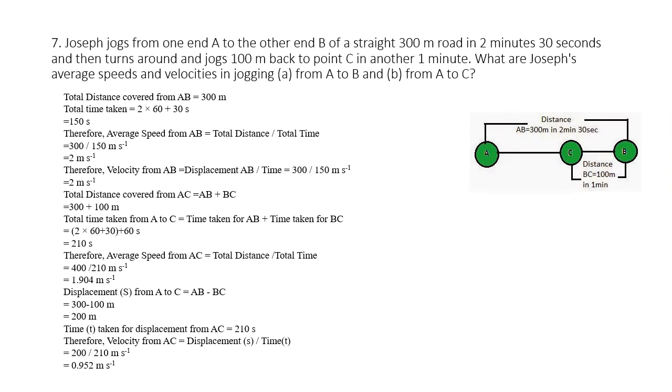This is your next question. Joseph jogs from one end A to other end B of a straight 300 meters road in 2 minutes 30 seconds, and then turns around and jogs 100 meters back to the point C in another 1 minute.